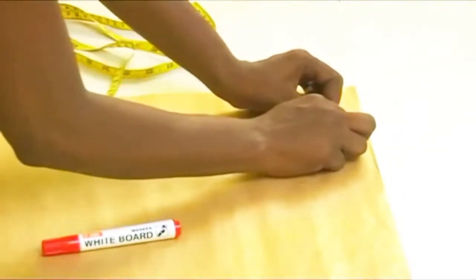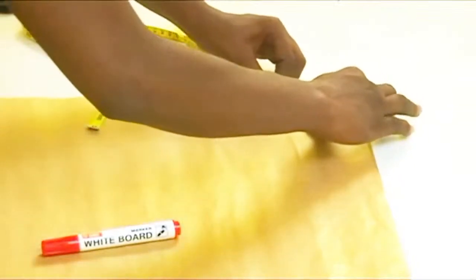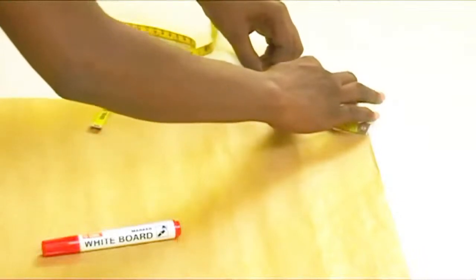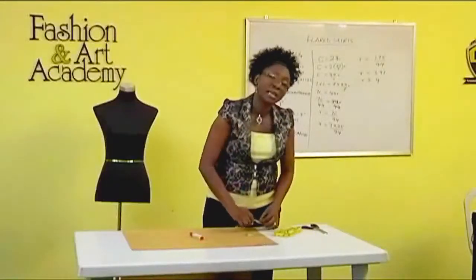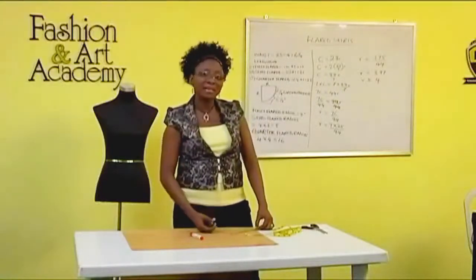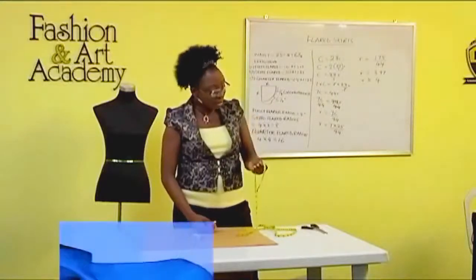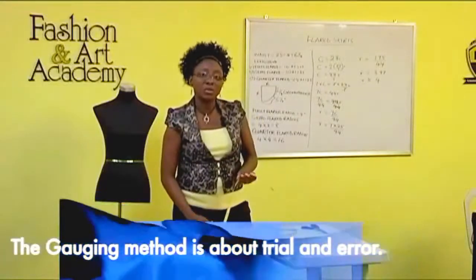So I'll check that. Wow, what I have here is 6 1/8. At least I'm close to what I'm looking for. You can see how hectic it is to keep on trying out the gauging method. But we're close. What we have is 6 1/8.